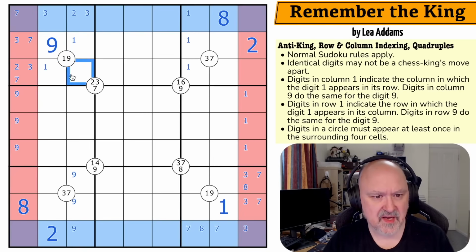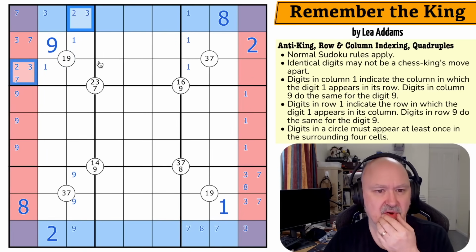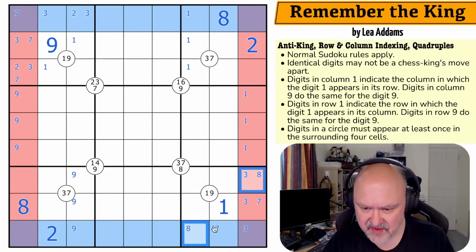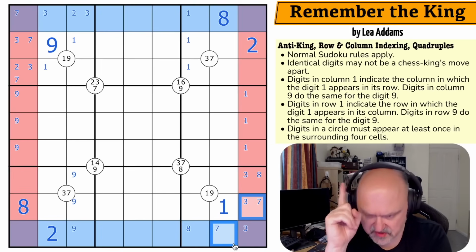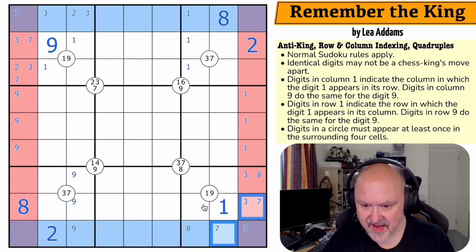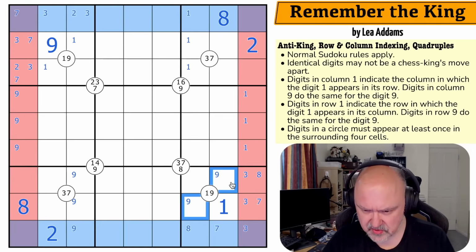If I put a 1 here, both of those would need to be 3. Right, and if this was a 7, then that would put a 9 here, and that would need to be a 7. So I can't put 7 in either of those. 7 is in one of those two. A 9 has to be in one of those two.